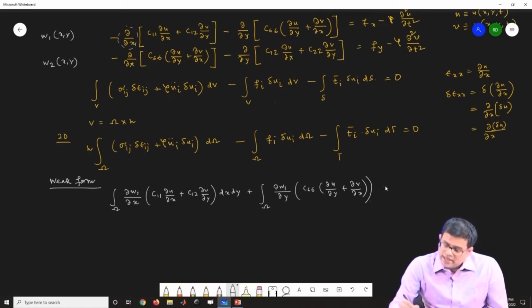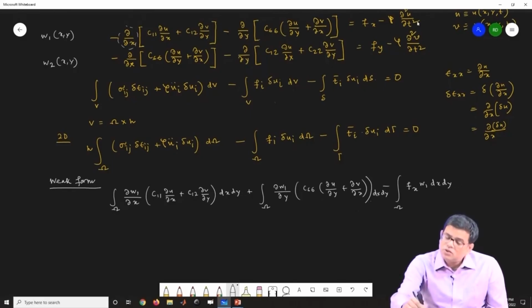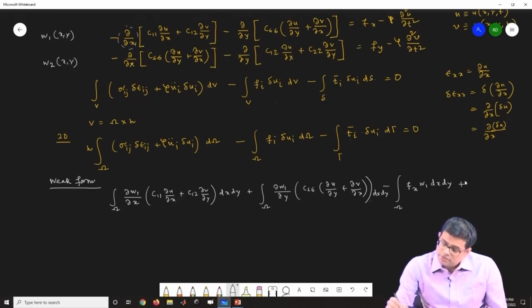Now I can write minus integral of fx into W1 dx dy, which is also a surface integral. This quantity will also have the inertia term, which has its effect too.